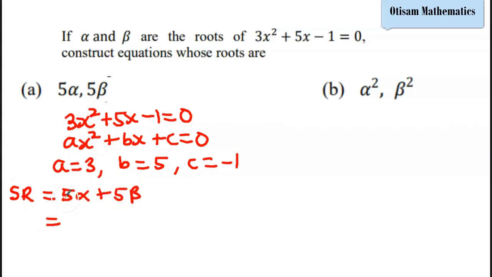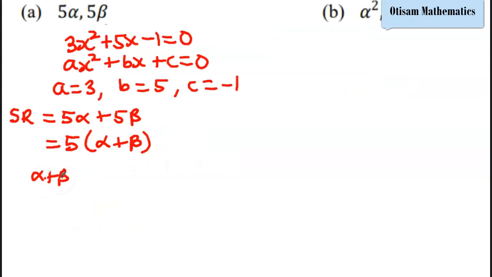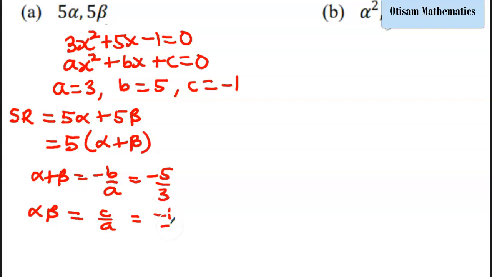So 5 is common, we factorize it out, alpha plus beta. So alpha plus beta is minus b on a, which is minus 5 on 3. And then alpha beta is c on a, which is minus 1 on 3.